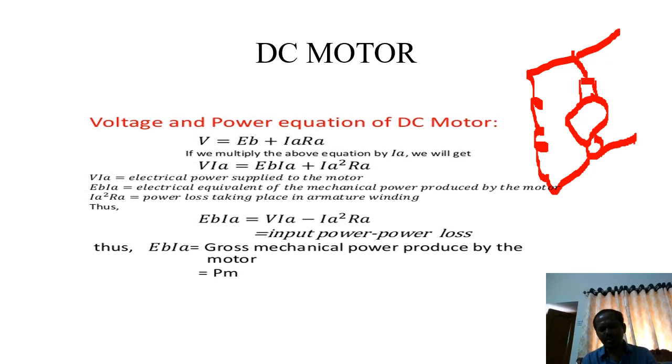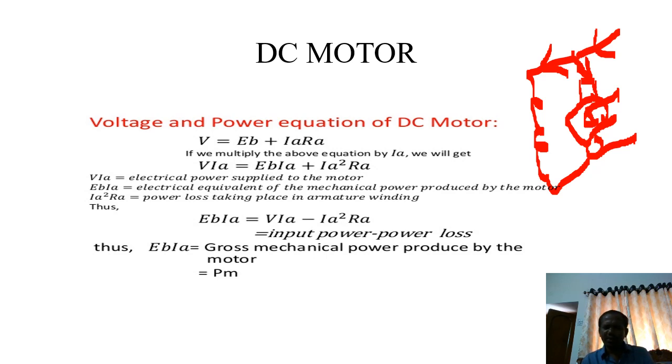So this is the load current which passes through the armature winding Ia and series winding Is. This is the direction for the DC motor. Here the generated EMF in the armature is EB.